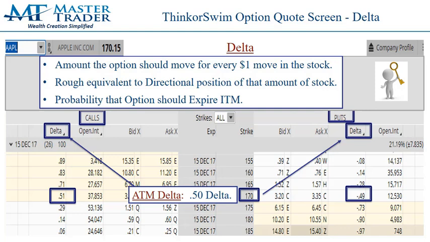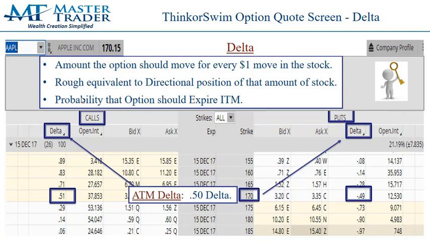So if you bought a 170 call option, that would be roughly the equivalent of owning 51 shares of Apple. And we'll get into this more later, but the deeper in the money that you go on the call side, the delta is higher because it's moving closer with the underlying stock, which is Apple in this case.